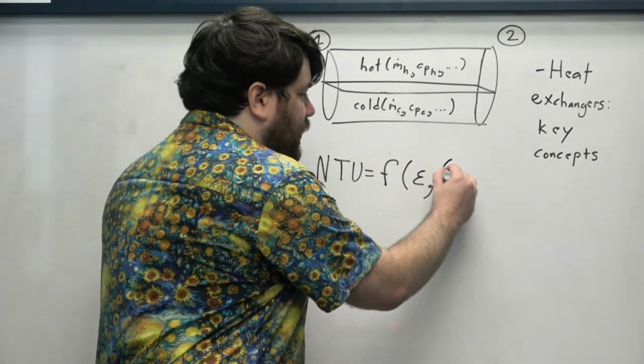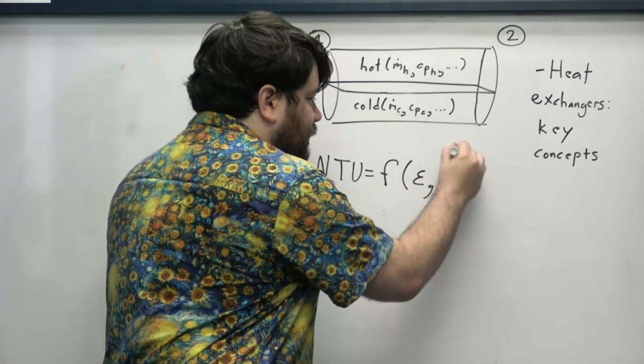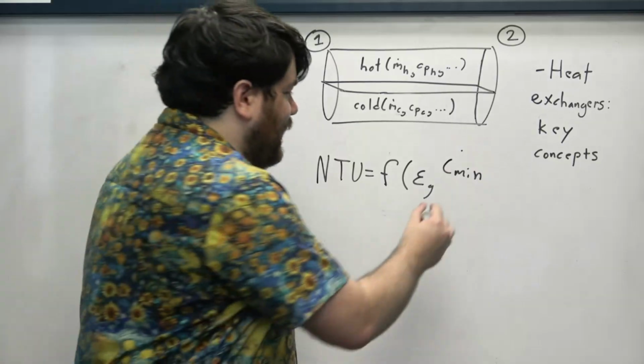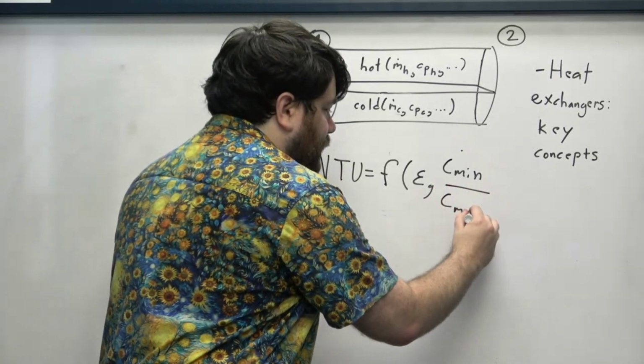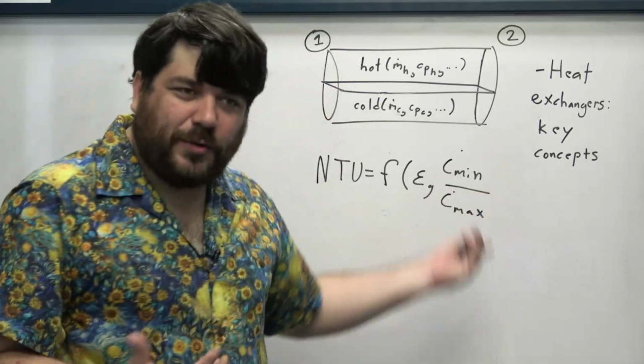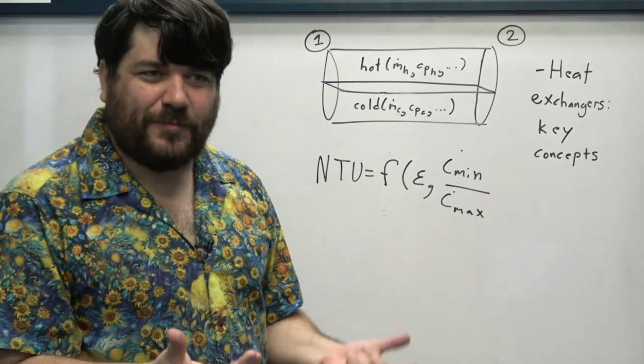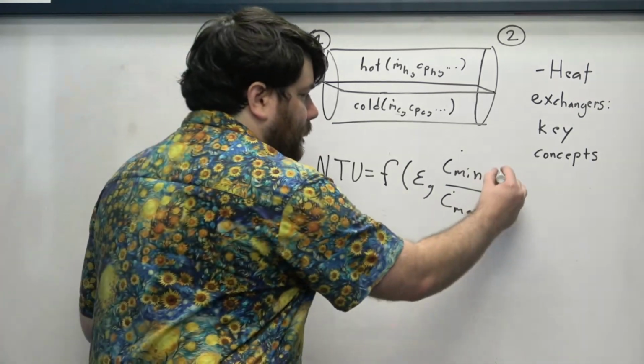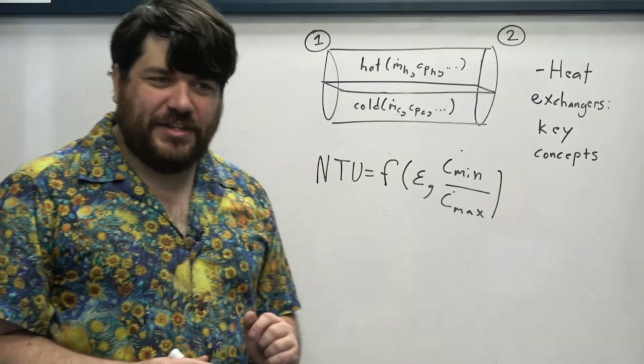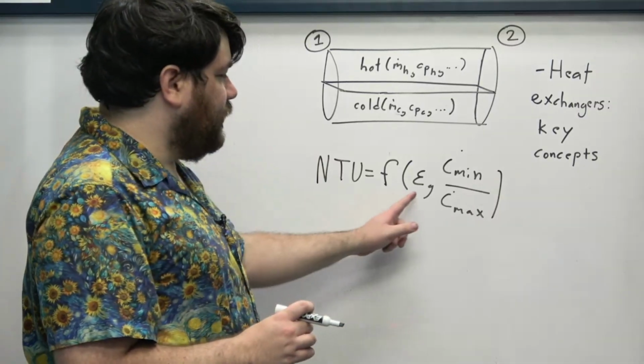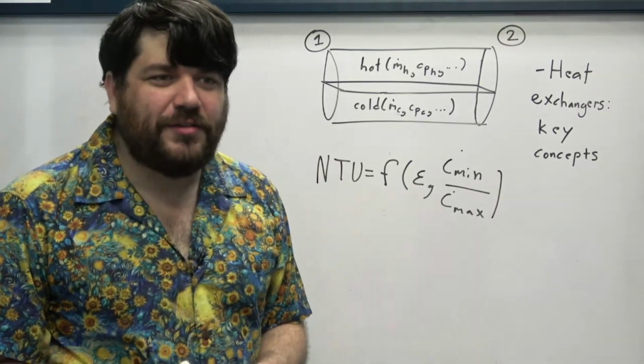So you take the minimum heat capacity rate and the maximum one, divide them, and of course you have a dimensionless ratio. The idea is that the NTU of a heat exchanger is entirely a function of the effectiveness and this ratio.